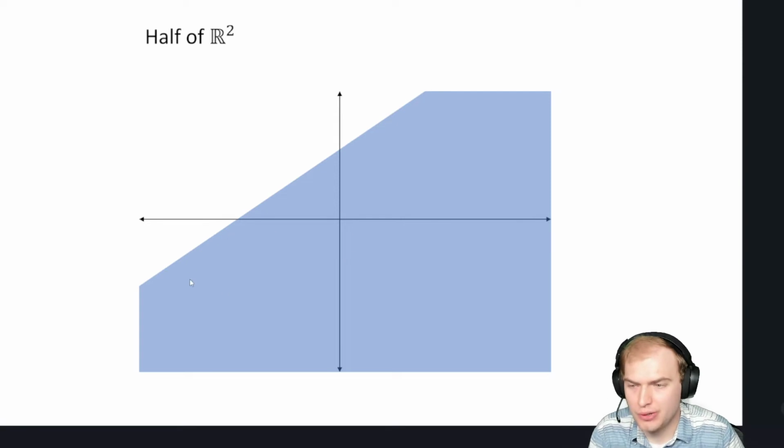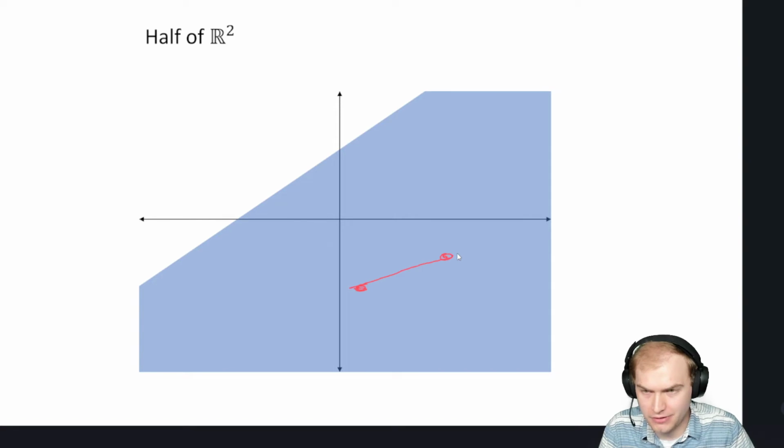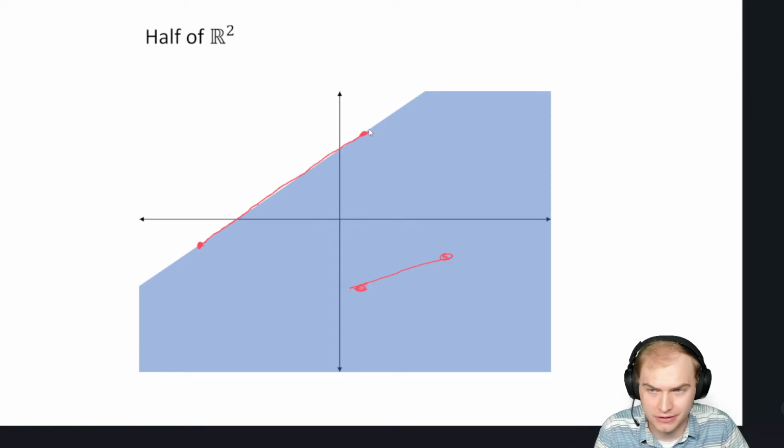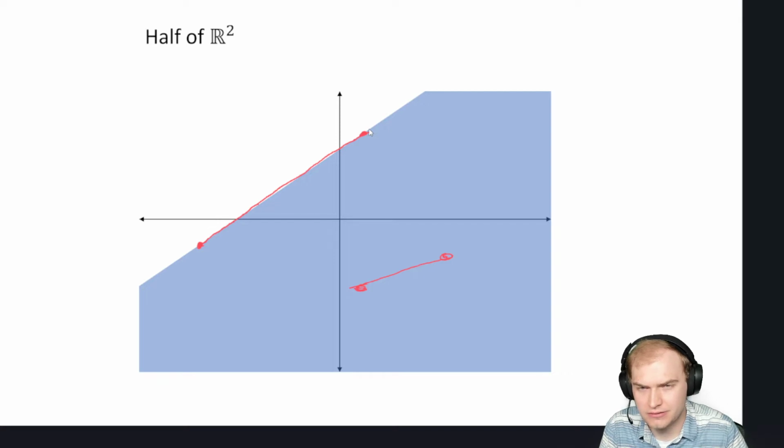Yeah, so let's think about this. Let's pick some random points. Yeah, we can draw that line. Let's pick two points on the edge. We can draw this line. Pretend that's all in the set. Let's think about how we might draw a line that leaves the set. Let's say we have a point in the set. We want to draw a line that leaves the set.